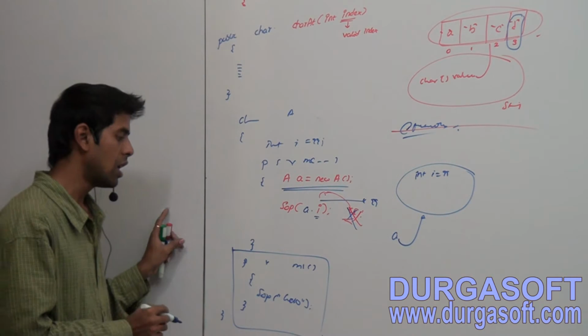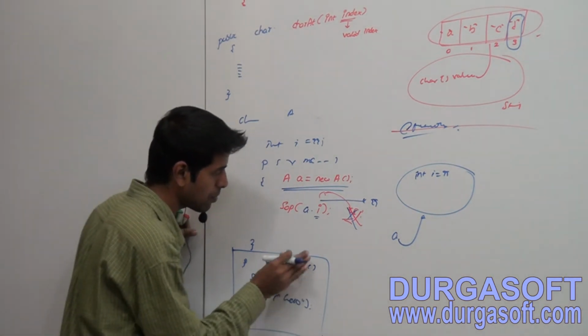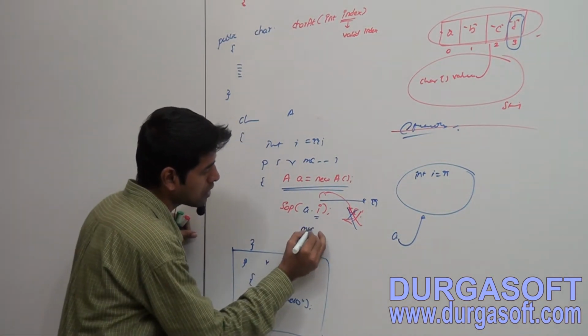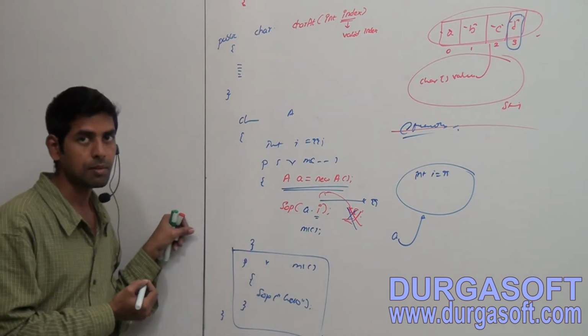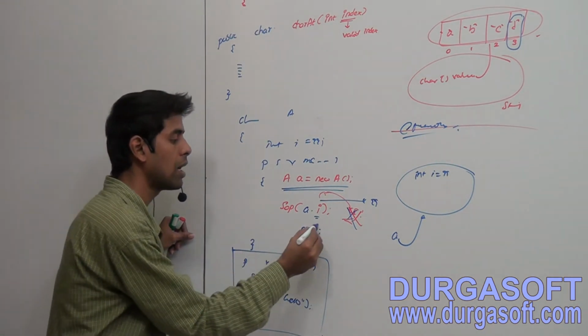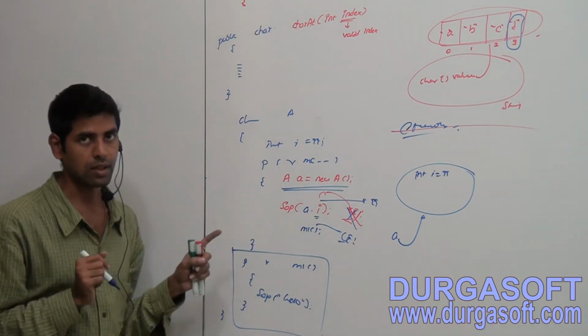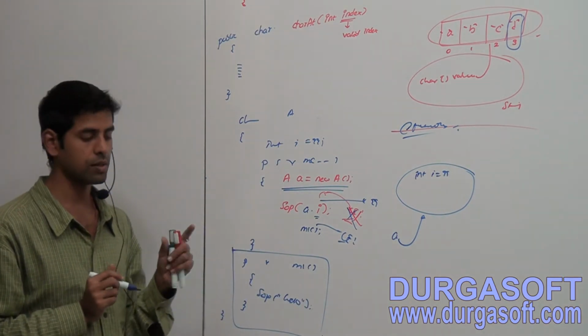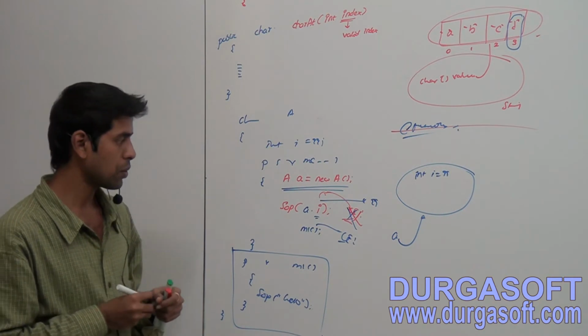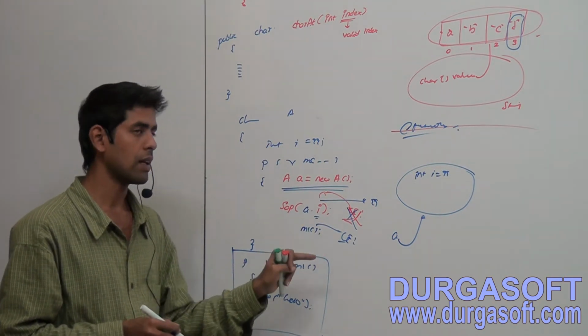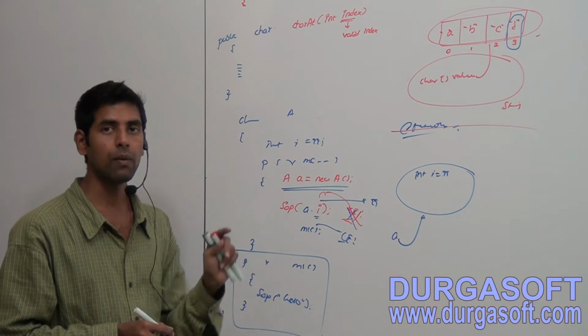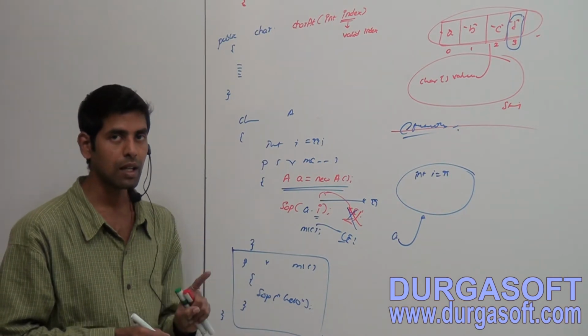Now observe. I want to access the m1 method here. If I put m1 directly, what happens? It will give a compile time error once again. Yes or no? Yes. A very important thing, guys, try to focus. How to avoid that compile time error?